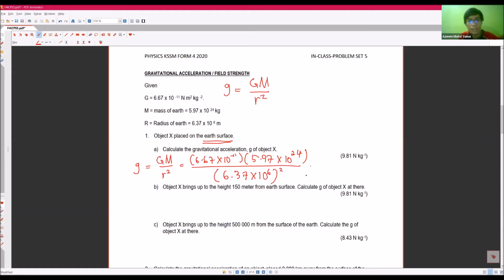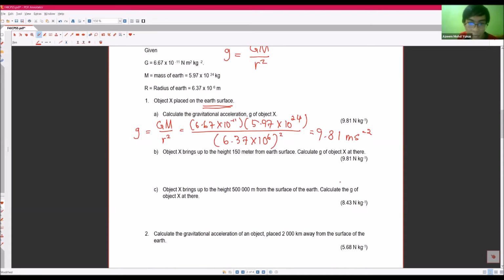So when we plug that in, we get 9.81 meters per second squared. So make sure, if the question asks us about gravitational acceleration, then our units must be acceleration.